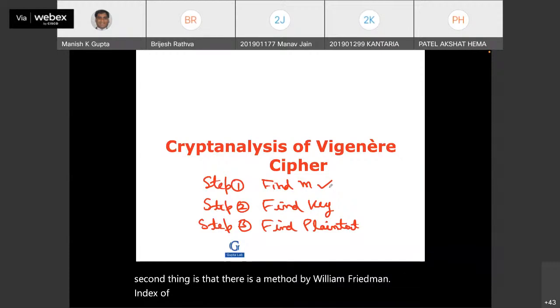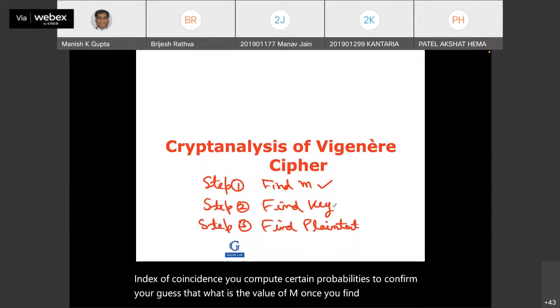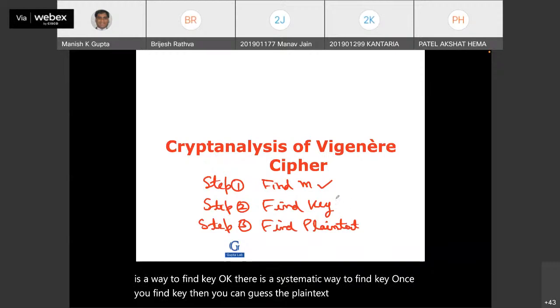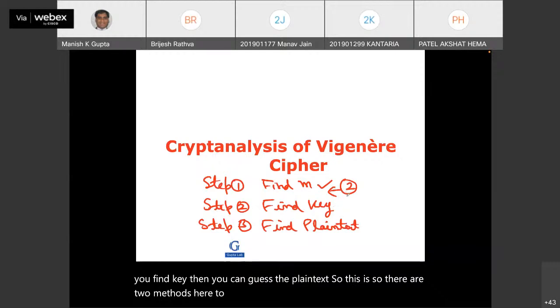You compute certain probabilities to confirm your guess of the value of m. Once you find m, there is a systematic way to find the key. Once you find the key, you can guess the plaintext. So there are two methods here to find m: one is to guess, another is to confirm, and then you find the key, and then you find the plaintext.